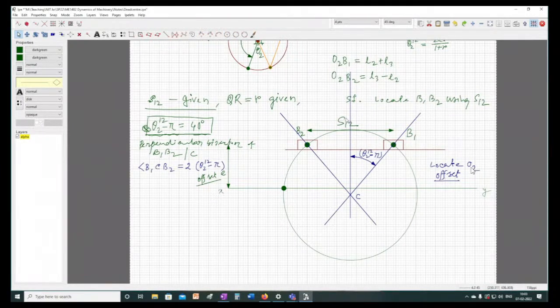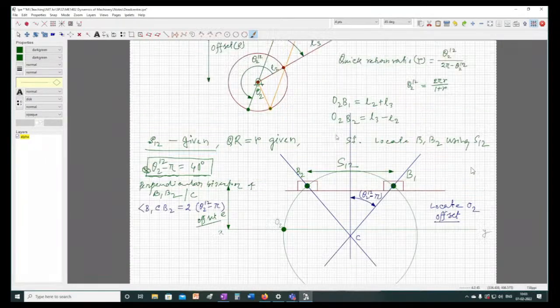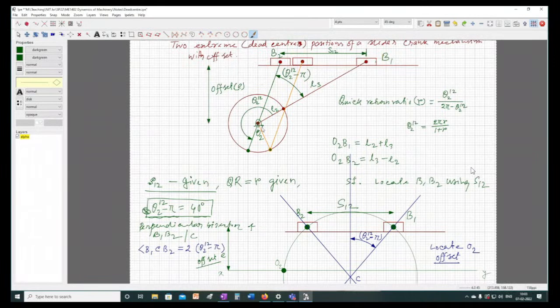Okay, this is the point O2. So let us write it down. This point is O2. Once we have this point O2, what is left? We need to determine what is this length L2 and what is this length L3.